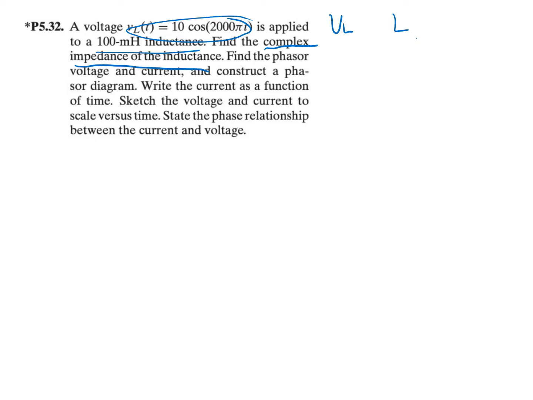So let's first find out the complex impedance of the inductance. It's actually pretty straightforward. We only need to substitute in the formula we have. For capacitors, let's recall, ZC is equal to 1 over j omega C. For inductance, ZL is j omega L. So let's substitute the numbers.